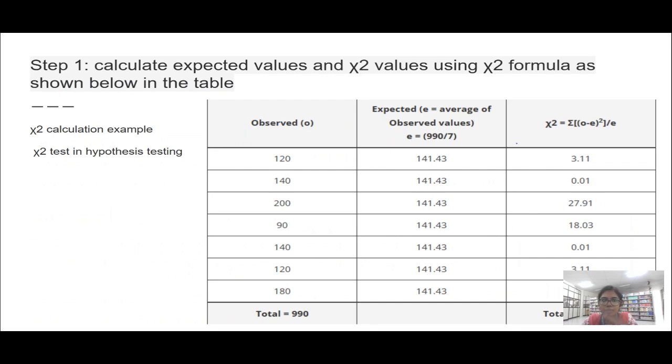In this table, the observed values are in one column, and the expected value is the average of those observed values. Then chi-square is calculated as observed minus expected, the whole square, divided by expected. Calculating those values, at last we have to take the summation.